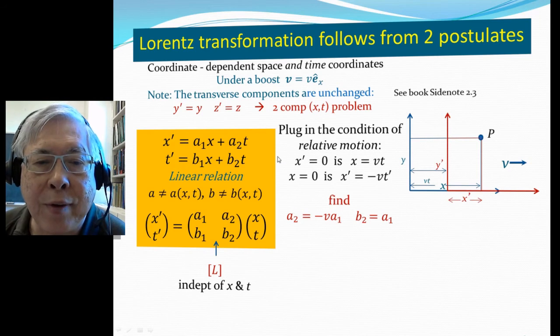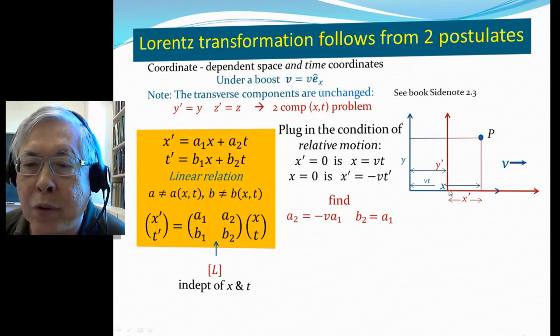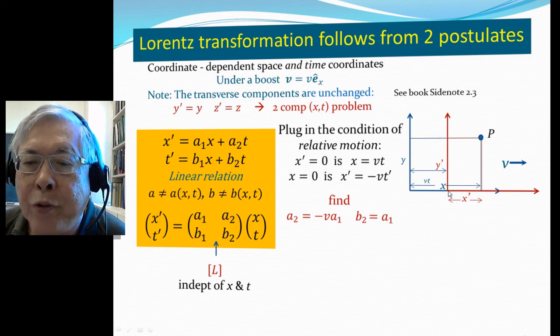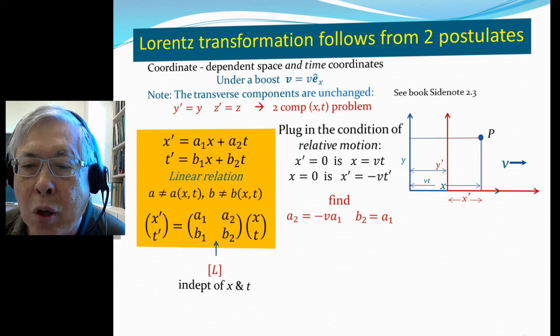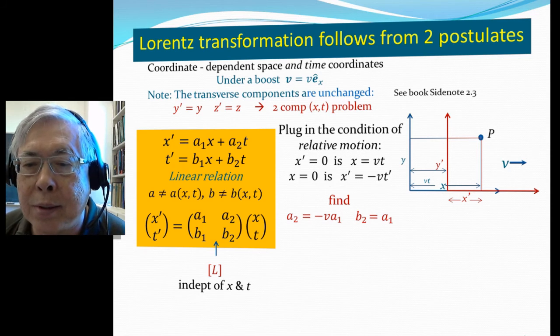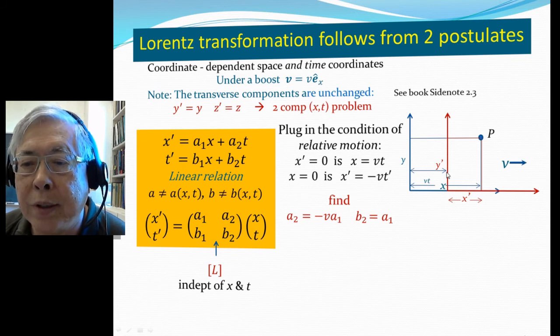Now let's set up the fact that these two reference frames are in relative motion with velocity v. Take x prime equal to 0, the origin of the red coordinates. Viewed in the original O frame, it has position x equal to vt. So this distance here is vt.